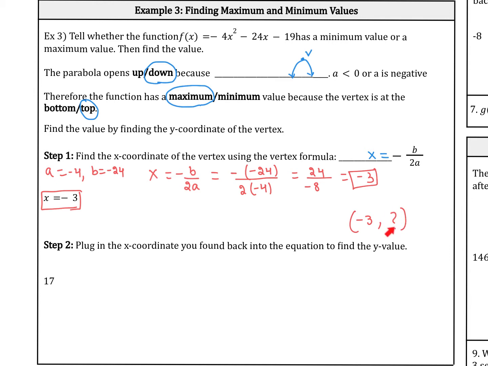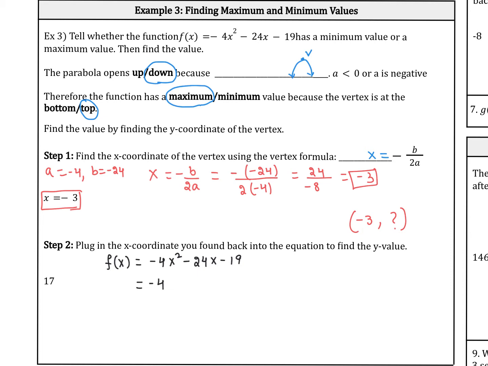To find this value, or the y coordinate, you're going to use the x value and plug it into the given equation. The given equation is f(x) equals negative 4x squared minus 24x minus 19, where x is going to be negative 3.